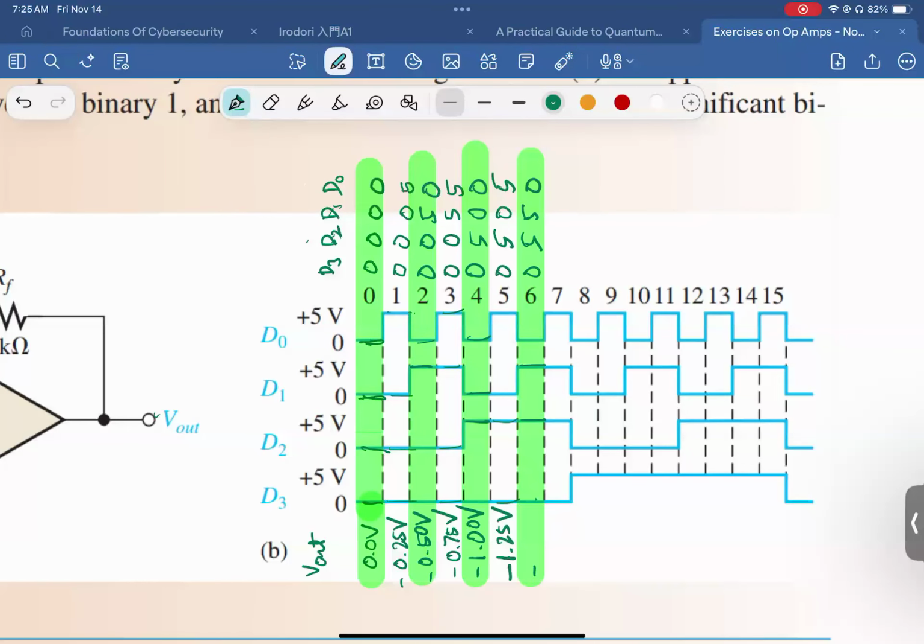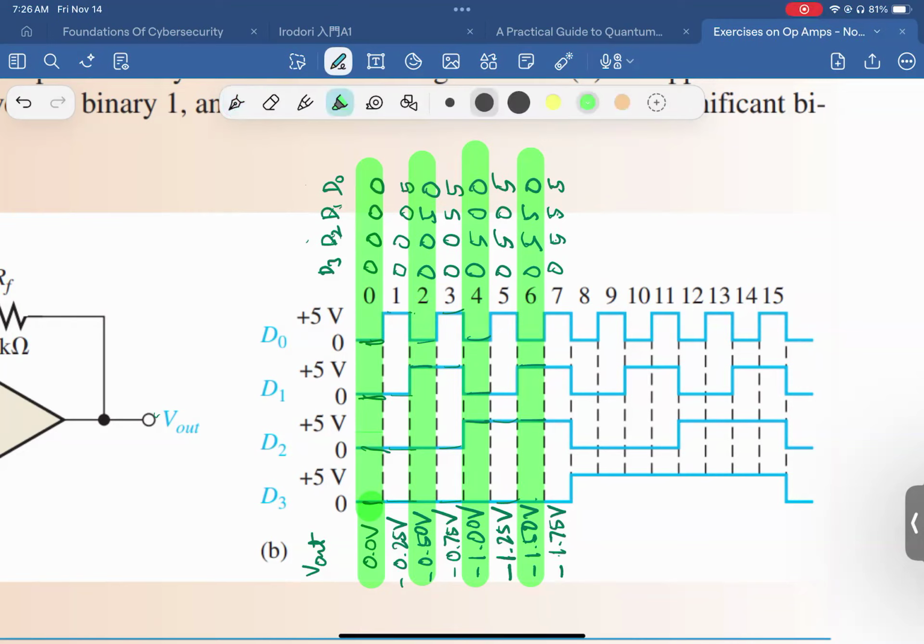So this will become negative 1.50 volts. And then dito naman sa 7, we have 0, 5, 5, 5. So, i-add natin yung outputs nitong tatlo, we get negative 1.75 volts.